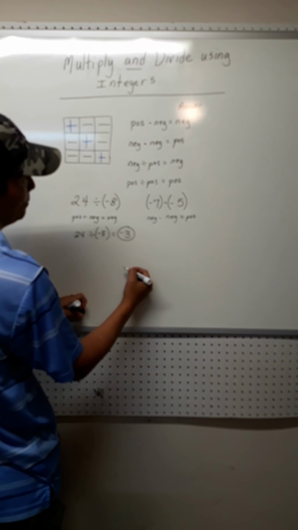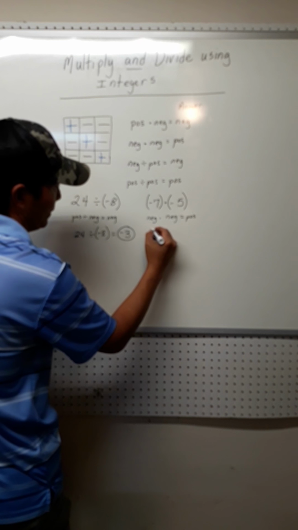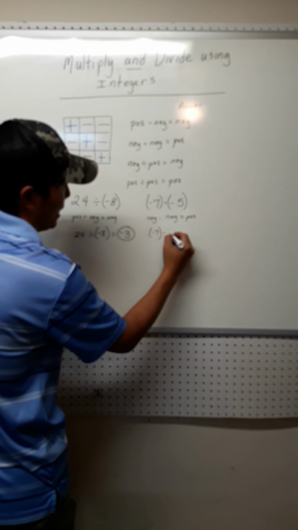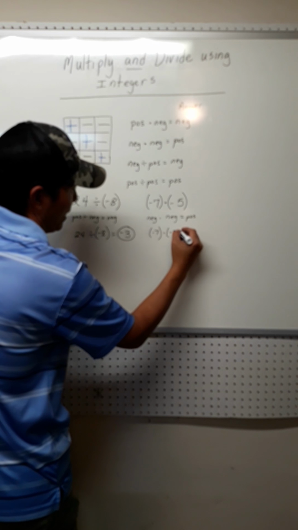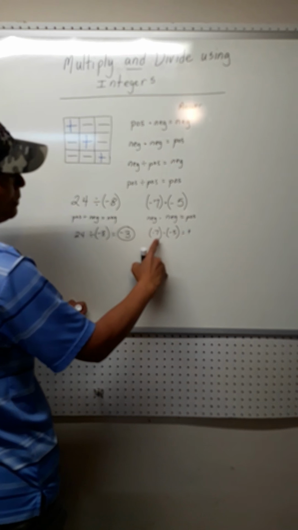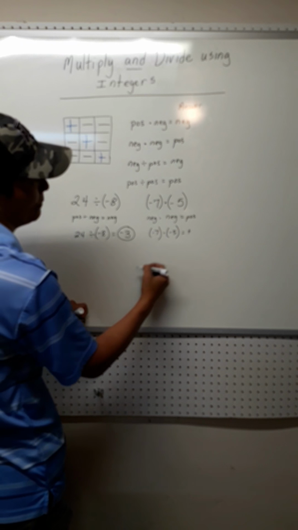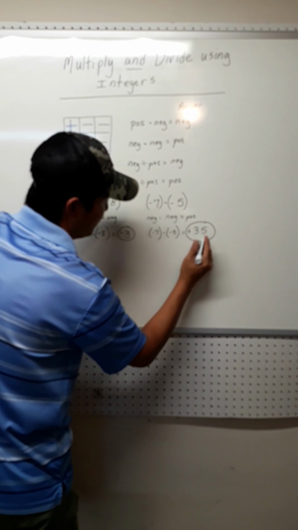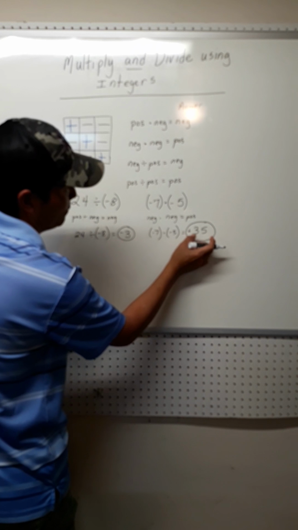So now I can confidently say that this negative 7 times a negative 5 will give me a positive answer. Now, what is 7 times 5? And we know that to be 35. So therefore, it is a positive 35.